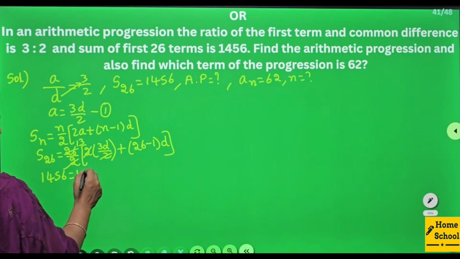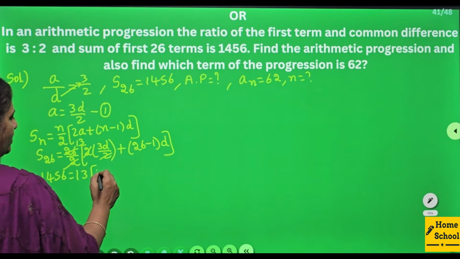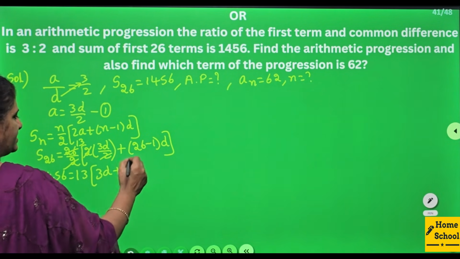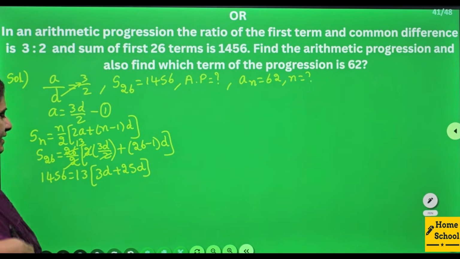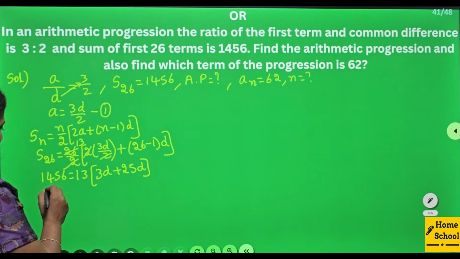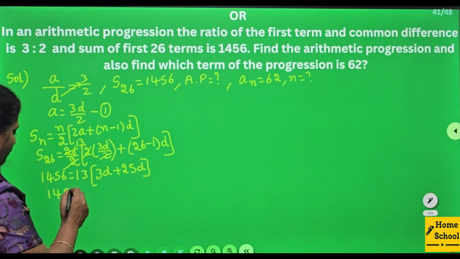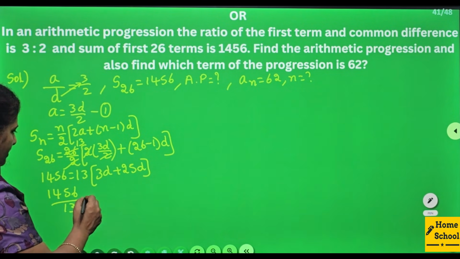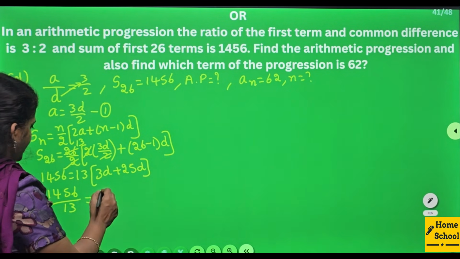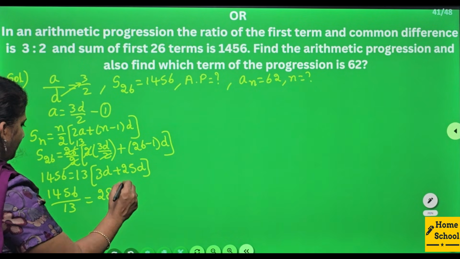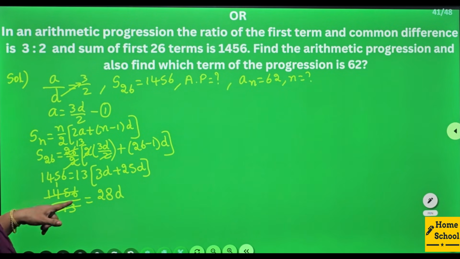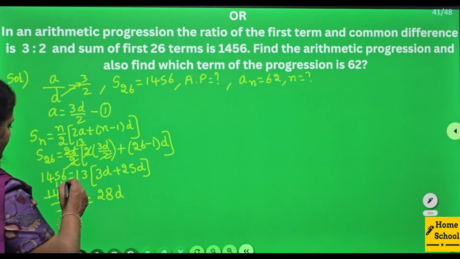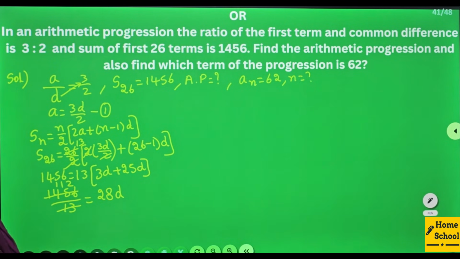S26 value we know, that is 1456 is equal to 13 into 3d plus 26 minus 1 is 25d. This 13 transpose other side, it will be divided. 1456 by 13 is equal to 3d plus 25d is 28d. 13 ones are 13, 1 left 15, that is 13 ones are 13, again 2 left 26, 13 twos are 26.